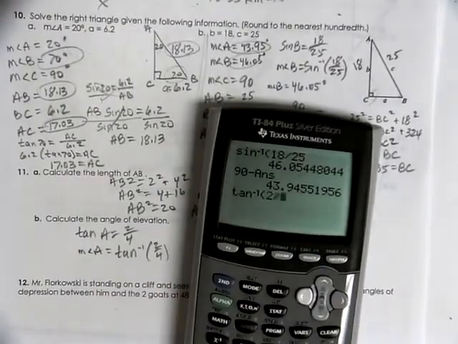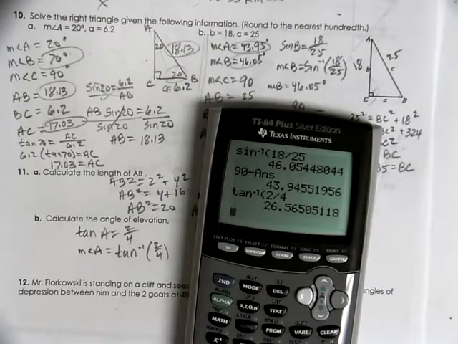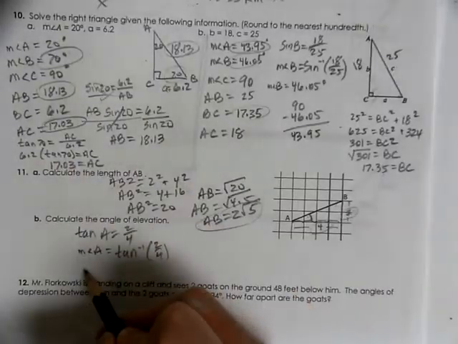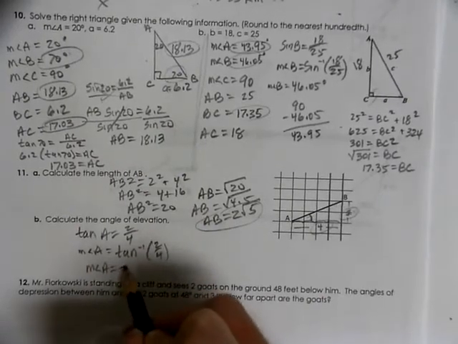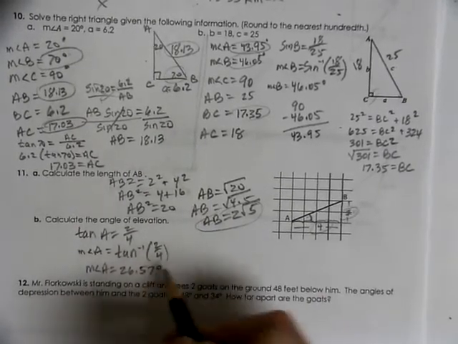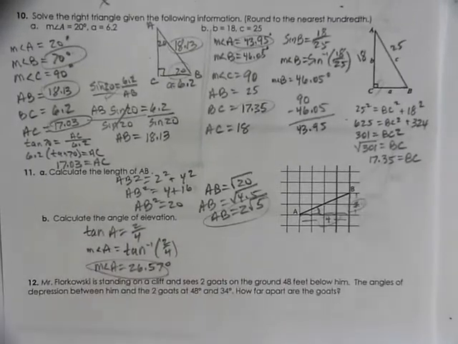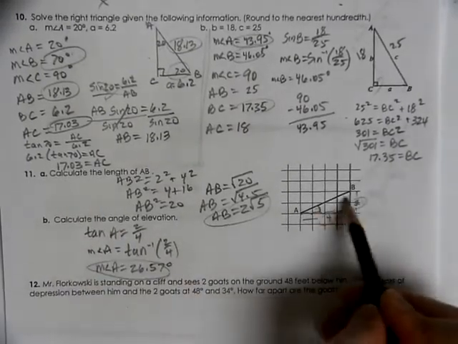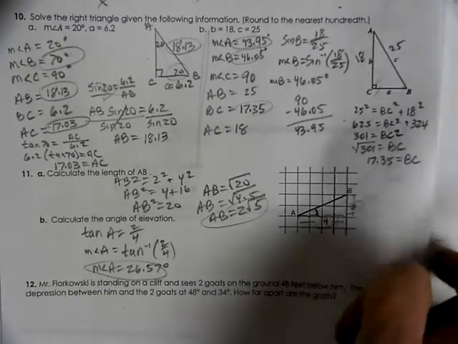Tangent inverse of 2 divided by 4 is 26.57. That is the measurement of angle A. That's the angle of elevation, the looking up.